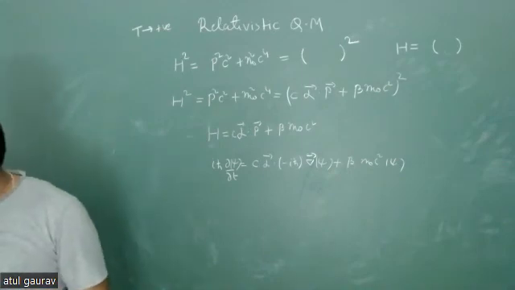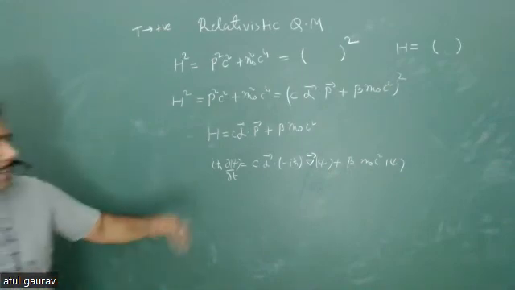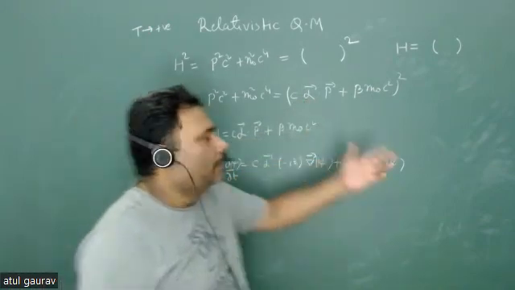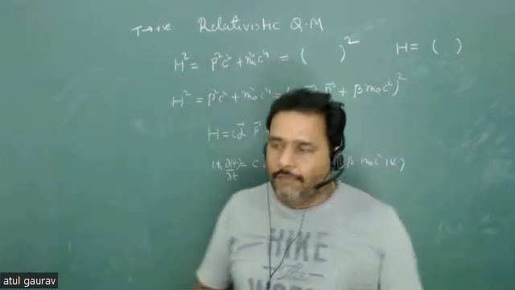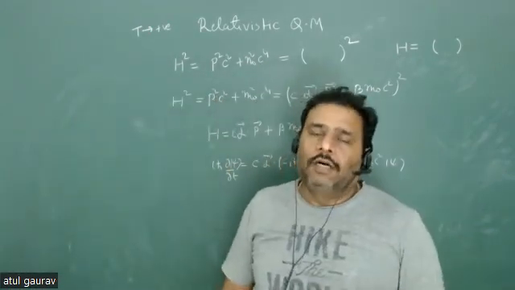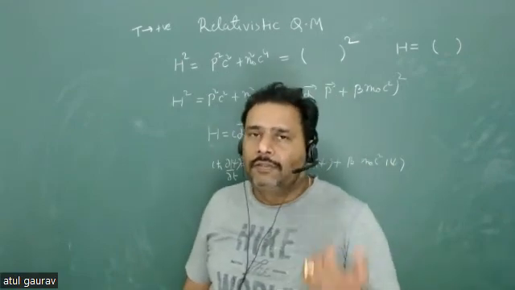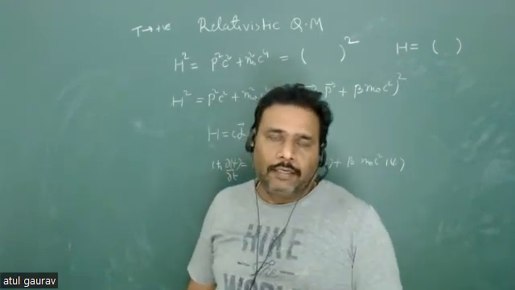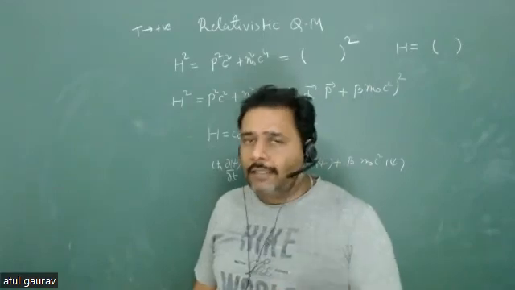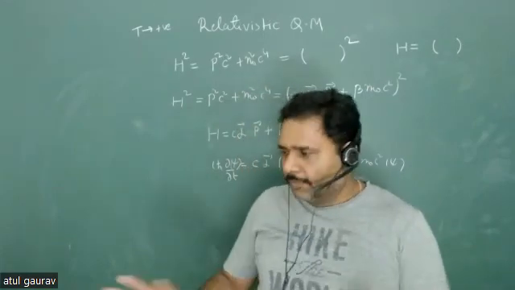Don't worry. Okay. So in the next class, we will figure out what alpha is, what beta is, and then we will try to write and analyze the Hamiltonian of a charged particle in an electromagnetic field. We will solve it with the Dirac equation.